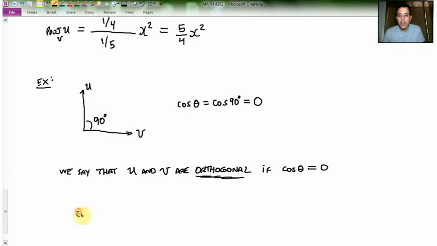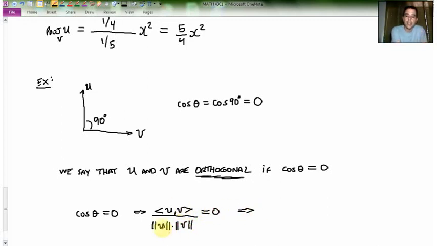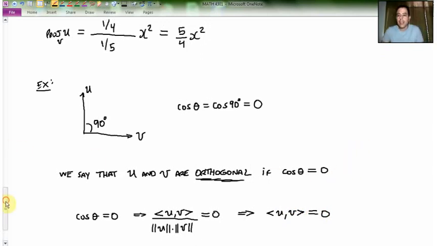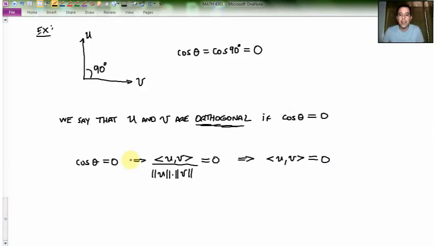Well, cosine of the angle being 0 means, let's see, what is the formula for cosine? This would be the inner product of u with v divided by the length of u times the length of v, equal to 0. So I can multiply both sides by the length of u and the length of v. So this really implies that the numerator should be 0. In fact, that's the actual definition. I can go back and forth here.